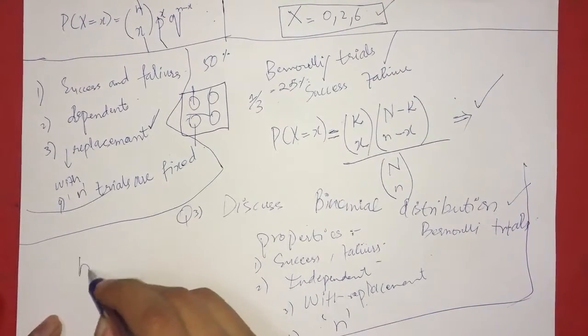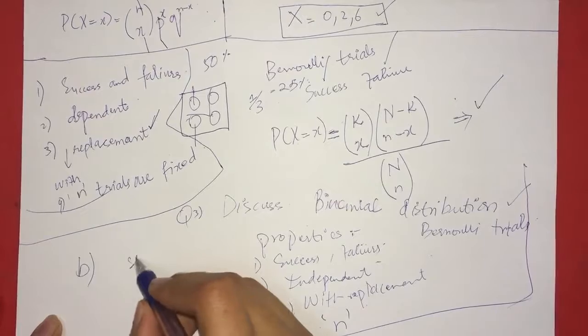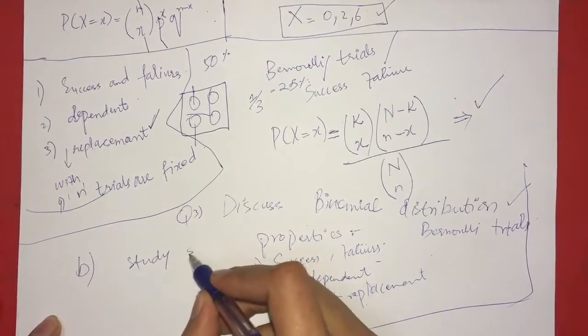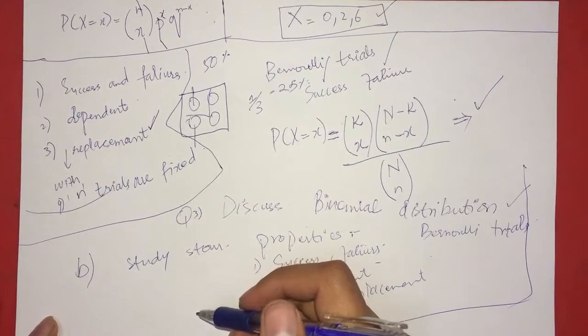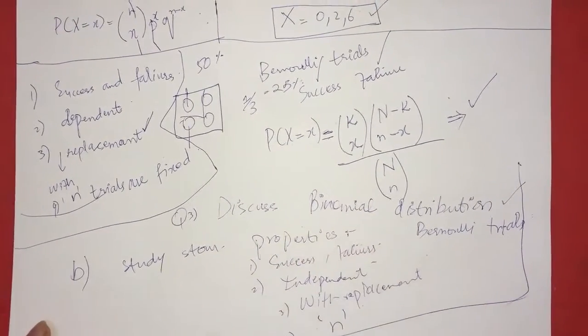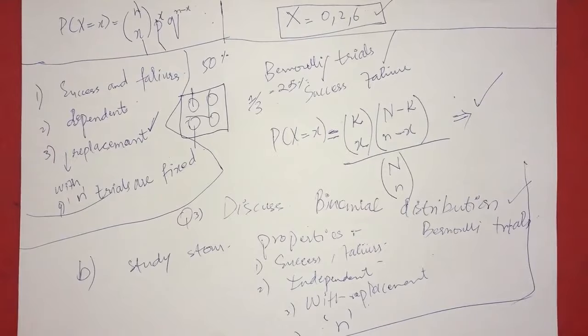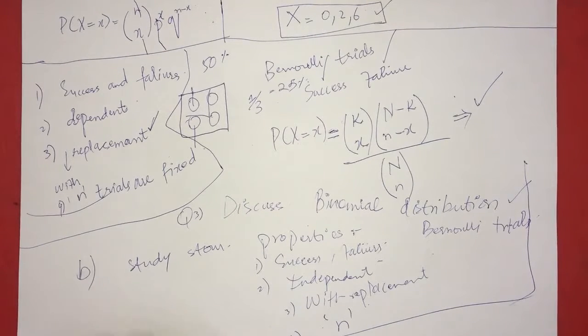And in the B part, you had to write a note on your study tour. For the students who didn't go on a tour, you had to write some comments about your statistics subject. For us, we went to Lahore, I think a month ago, and we wrote pretty long stories about our tour.